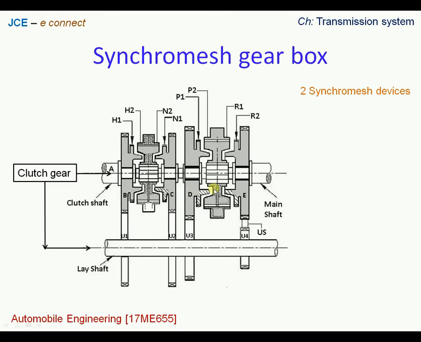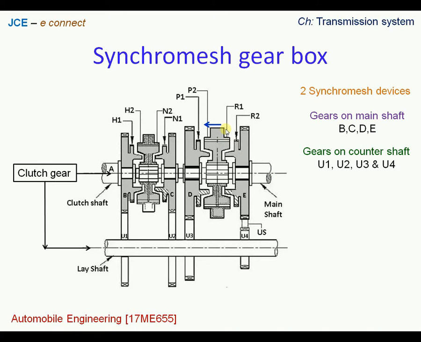Now let us look at the working process. When a gear lever is shifted towards the left side, we see that the Synchromesh device will be brought in contact with one of the gears.